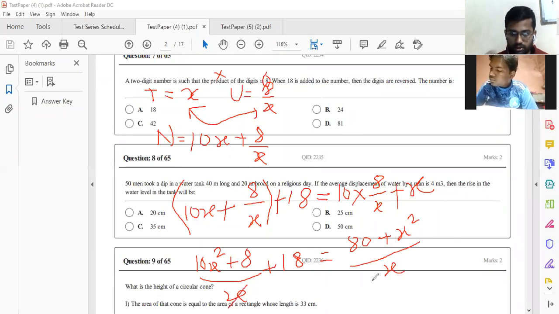This x gets cancelled. So on the left hand side you have 10x square, on the right hand side you have x square. Okay, shift kar do, you will get 9x square. Then 8 plus 18, and on one side you have 80.